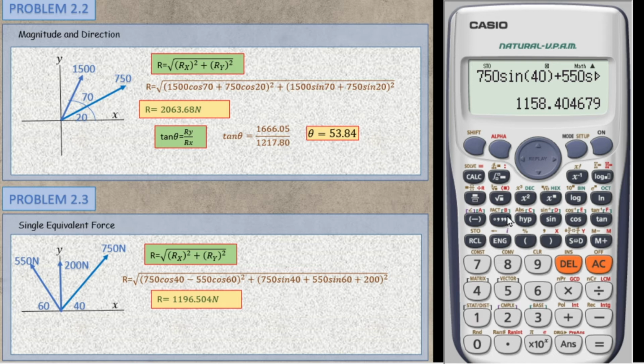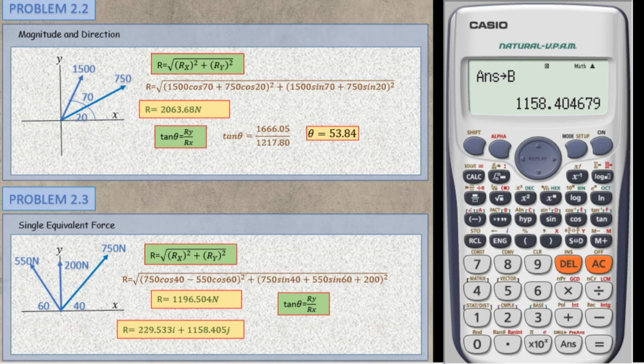Store it at B. So here we can get the single equivalent force, which is 229.533i and 1158.405j. And for its direction, guys, it's just the same formula.